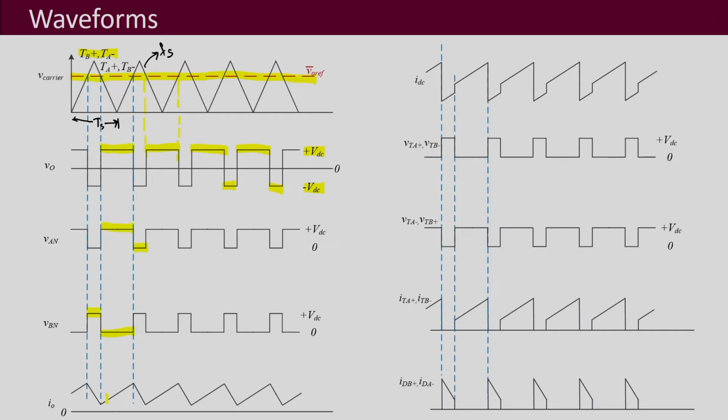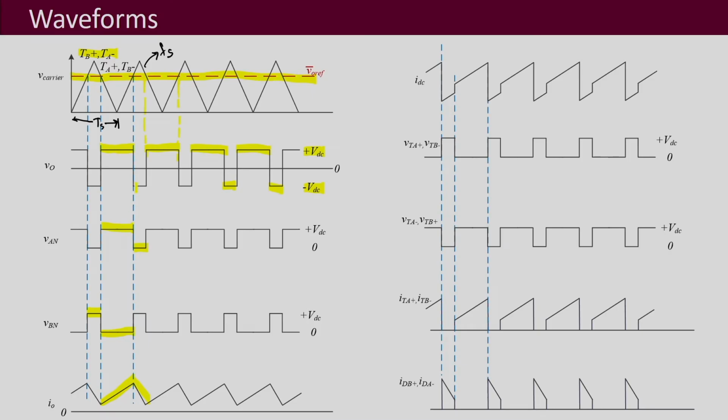Whenever the voltage applied at the output is plus VDC, at that time the load current will increase, because most of the time the load is going to be inductive in nature. So, when you apply a positive voltage across it, the current will increase, and when we apply a 0 voltage or a negative voltage, the current will reduce, and that is what is happening over here when the output voltage is minus VDC, and this is continuing.